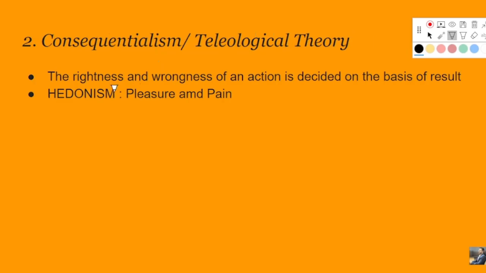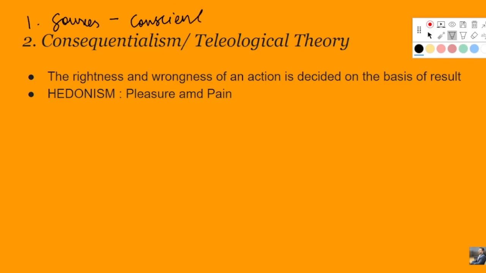Now let's see the second determinant. The first determinant which we have seen is the sources. In sources we have already seen the external sources, that is law, norms, values, society and etc. in the previous lecture. In this lecture we have seen one very important internal source, that was conscience, right?